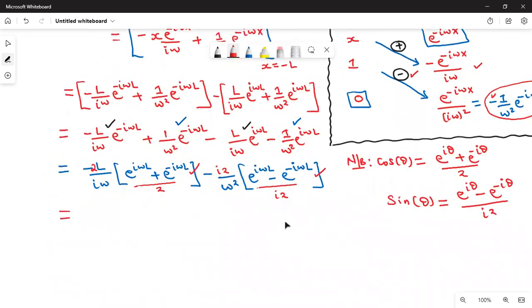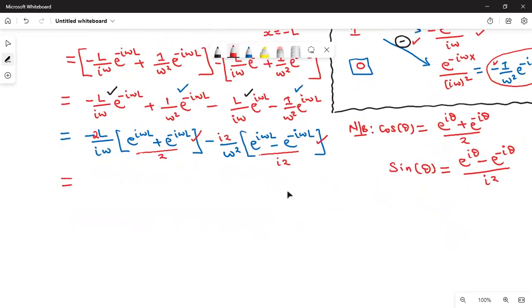And so we can now write our answer as, remember on the left-hand side was the Fourier transform. So therefore we can now talk of the Fourier transform of f of x to be equal to negative 2L over i omega. This is cos, in this case our theta is omega L, so omega L, that's our theta.